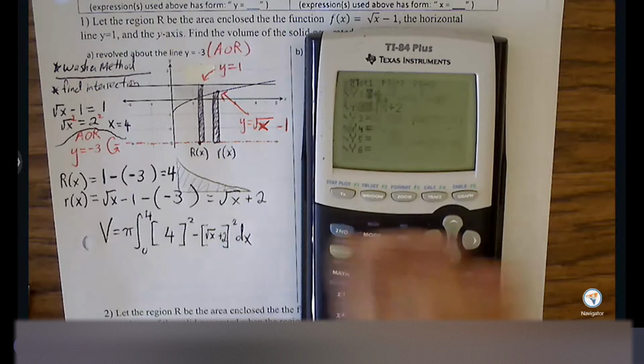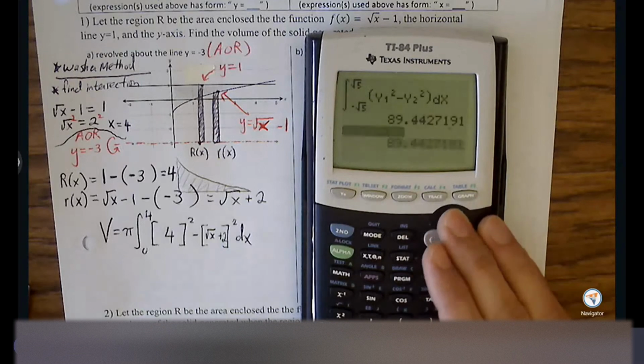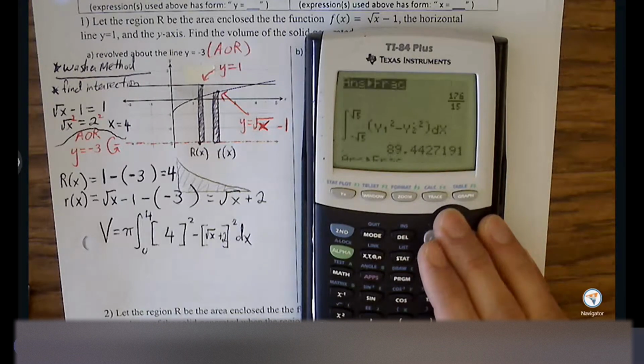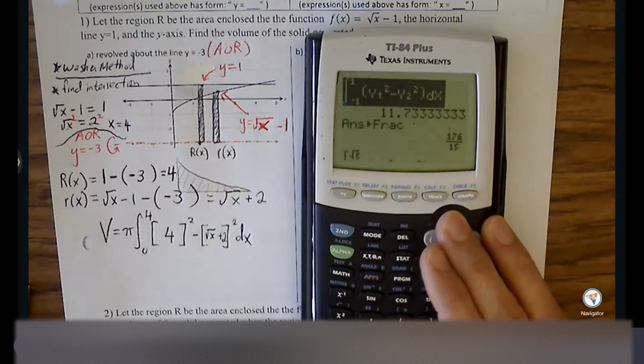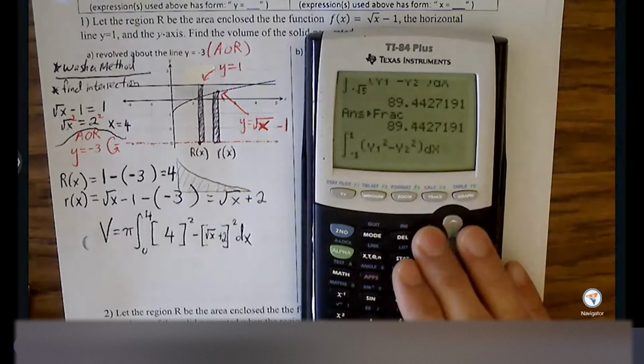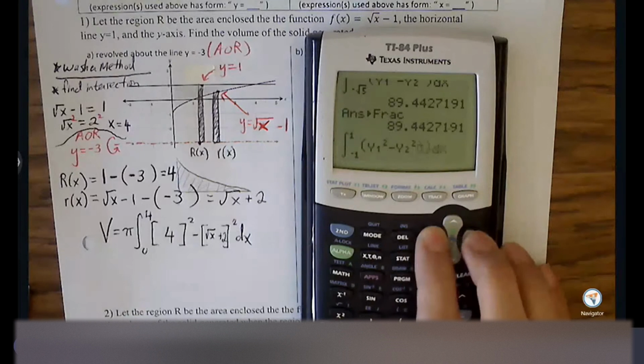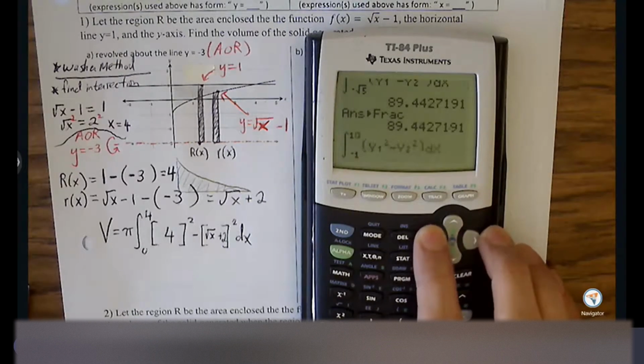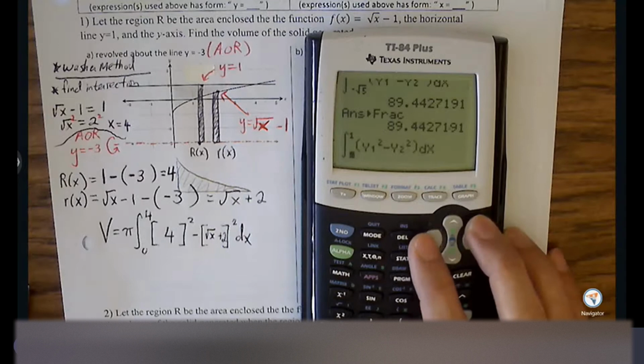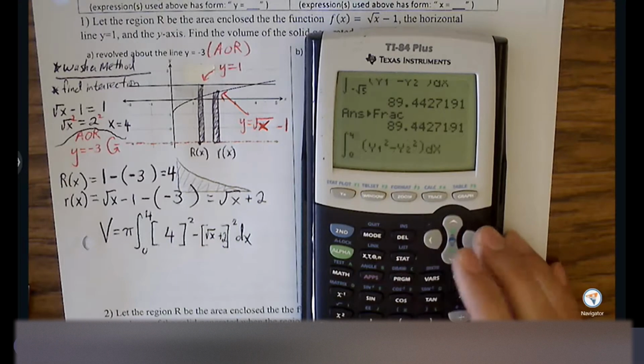Go back to my home screen. I already have my washer method set up. I just have to adjust the bounds. So I'm just scrolling back, calling it, scrolling back, going from 0 to 4.